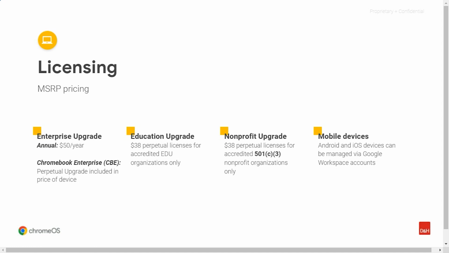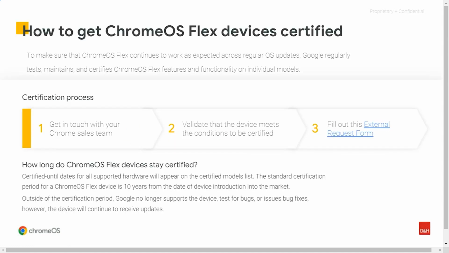However, if you have a customer that is already a Workspace customer, they can actually do some management of those devices via the Google Admin Console through that subscription. It's completely separate. It's done within the same Admin Console, but it's not the upgrade that we're talking about here.